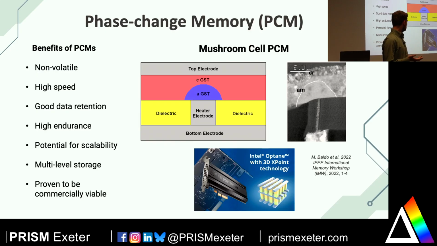By doing this, we can cause the entire device to either have a very high resistance, where it's hard to flow current through it, or if we heat it up enough, we can cause it to crystallize and be in the crystalline state, which has a much easier time having a current flow through it. These two states can correspond to our 0 and our 1, making up a bit of memory.